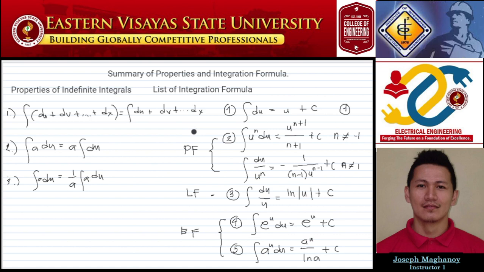We can call them, as an acronym, power formula A and power formula B. For exponential, since they are two, we can call them exponential formula A and exponential formula B, or formula 4 or 5. Okay, I think we're ready for our sample problem. Okay, so let's proceed to the next slide.